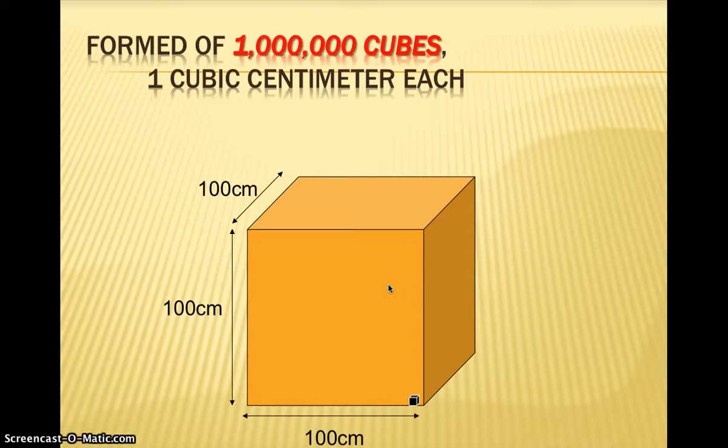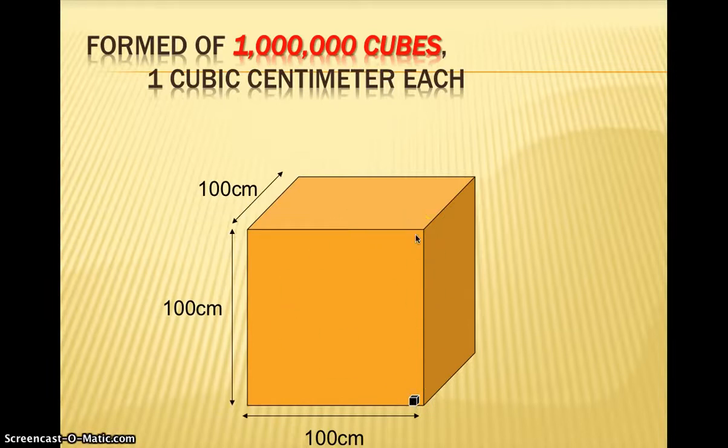Well, I hope you got that. This actually makes 1 million cubes. And the reason I'm having you calculate that is because it's showing you what parts per million would be. A part per million, 1 ppm, would be 1 teeny tiny cubic centimeter within this huge cube.